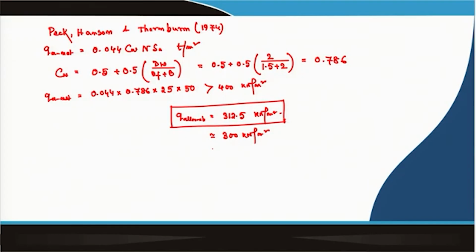If you know how much load is coming, then you can compare with that load, that this much load this foundation can take. If this dimension is not sufficient, then you have to change the dimension for the next trial. Okay. So, this is the way we can determine the allowable bearing capacity based on n value.